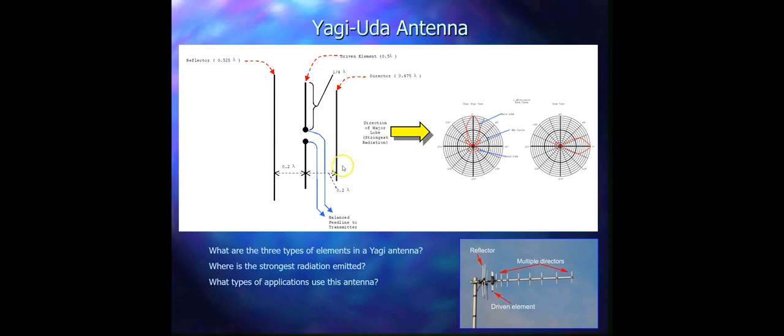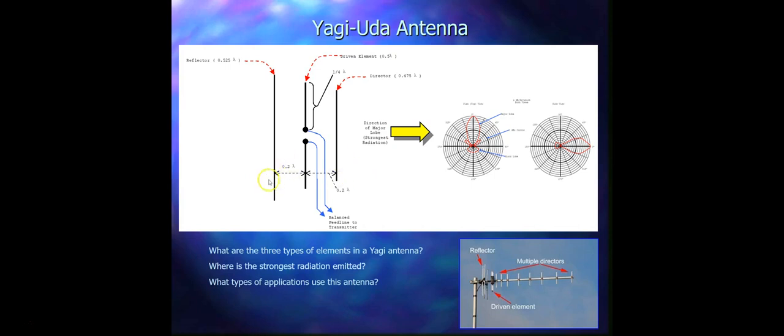Here also in this picture we can see the reflector. This is the reflector and this is the director, and at the center is the driven element. When the radio frequency energy is applied to the driven element, the energy flows outward and excites the parasitic elements, our reflector and the directors.